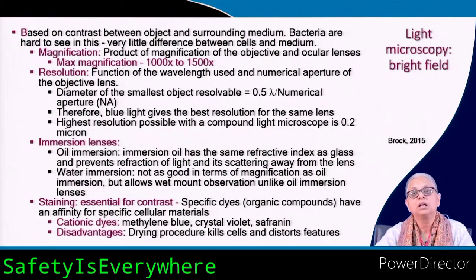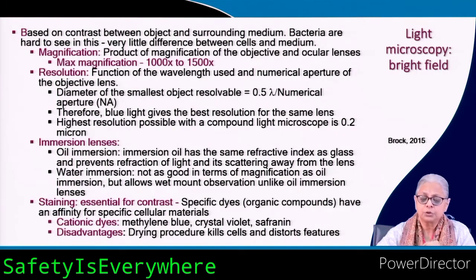Now, in general, in bright field microscopy, we use white light. So white light has the entire range of wavelengths. But let us say you were going to go for a monochromatic light source, and let's say you bring it down to the smallest wavelength in the visible region. The smallest wavelength in the visible region is blue light.